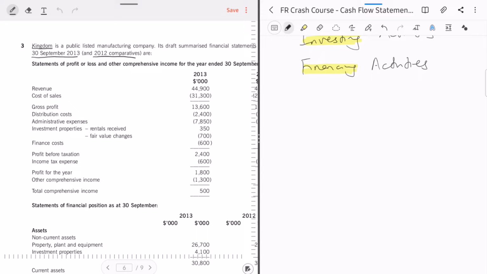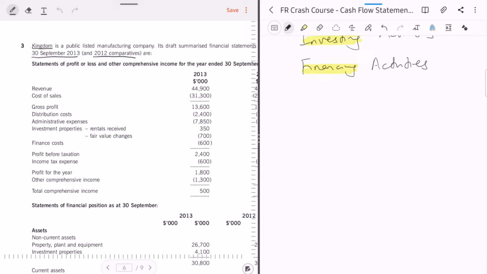So if you look at a company's capital structure, you typically have what? Equity financing and debt financing. So with respect to these two financing sources, that is equity and debt, all changes in cash that relate to your capital structure will go to financing activities.